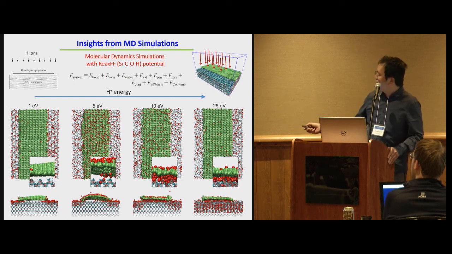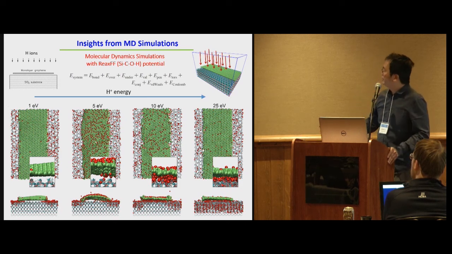At higher ion energy, you get CH bond formation on the top surface of the graphene sheet. At 10 electron volts, you get CH bond formation both at the top and bottom surface of the graphene sheet. And at high ion energy, you get basically hydrogen ions simply passing through the graphene sheet without causing much damage.